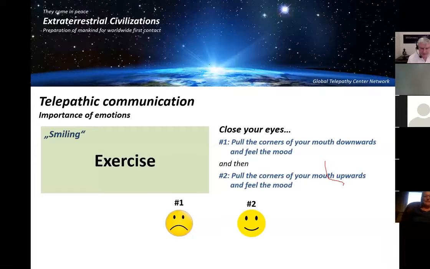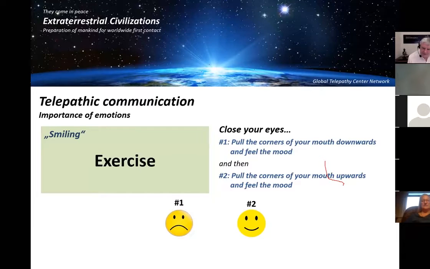Most probably we won't do a feedback round now at the moment, but if you do this exercise with your participants during the telepathic events, with very few exceptions, which are related to blocks in the emotional aspect in the energy systems, all the people will tell you in a feedback round that there is a difference between having the mouth pulled downwards versus upwards.